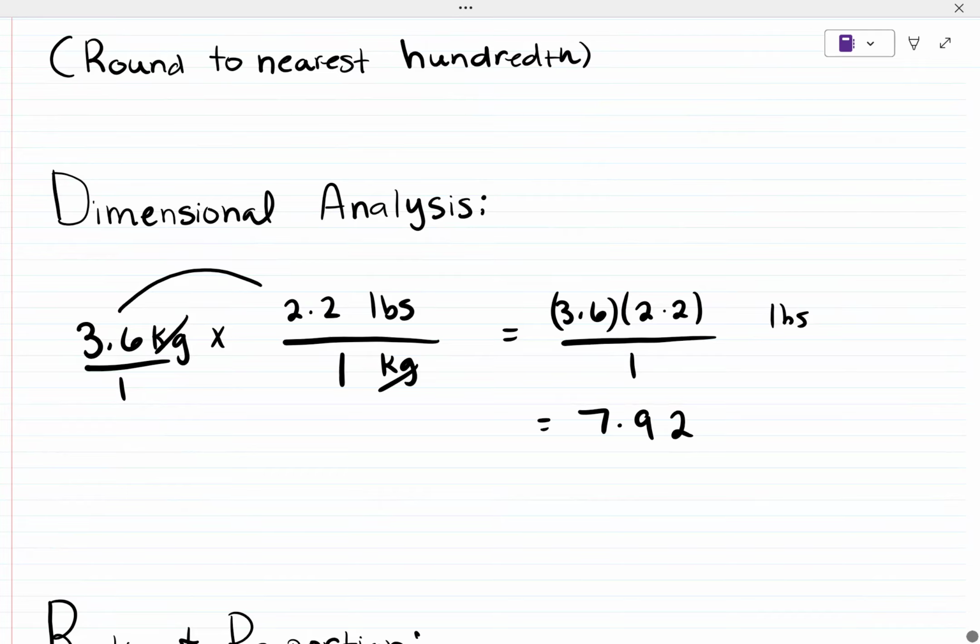Is that exact? Let me check, because I already did this, 3.6 times 2.2. Yes, it's exactly 7.92. There are no other numbers, but it says round to the nearest hundreds. We're fine because 2 is the hundreds place, so we don't have to go any further. So my final answer will be 7.92 pounds.